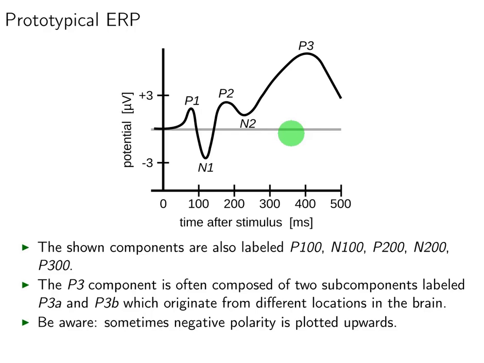Also, the lateralized readiness potential, which reflects the preparation of motor movements, can have a similar shape with corresponding labels. We can also see some other extensions or mixed labels like N2pc, which is a component like N2 originating in the posterior scalp location, contralateral to the side of directed attention.